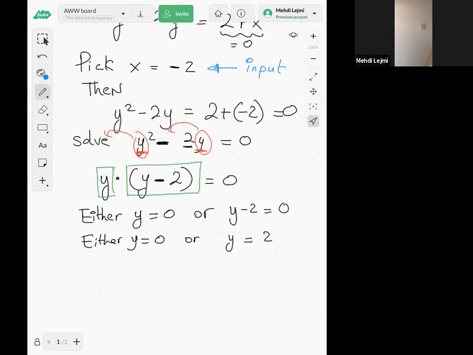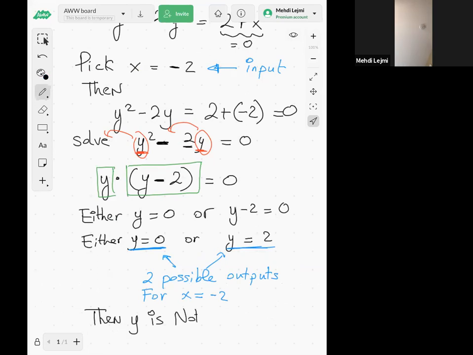So this is two possible outputs for x equals -2, right? So if you have two possible outputs, then of course y is not a function of x. So then y is not a function of x.